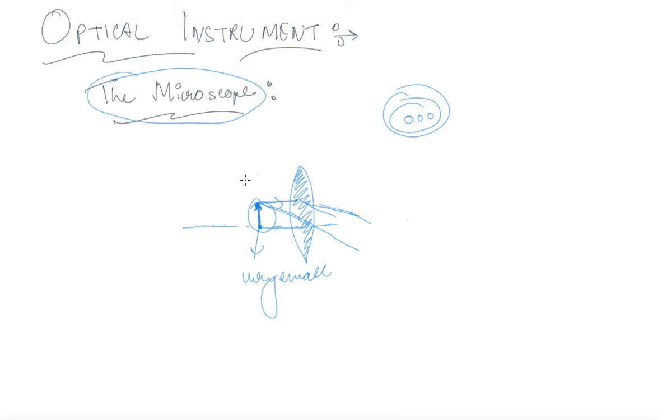So if I trace back, please pardon my drawing. Okay. So now if I trace back, this will pass through the focus. So if I trace back, what I will see is this.